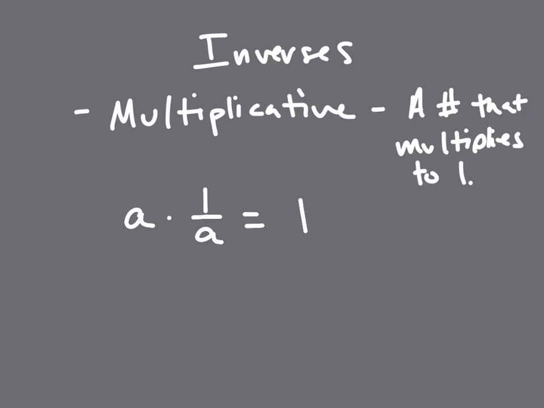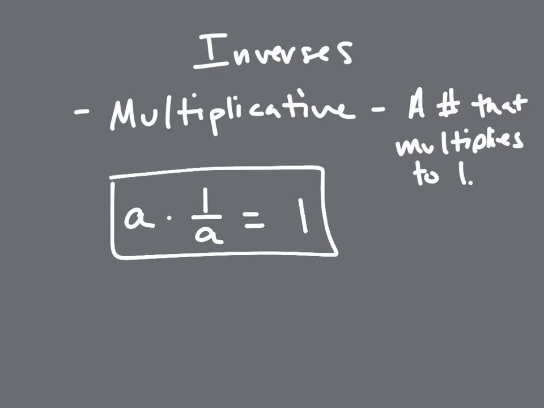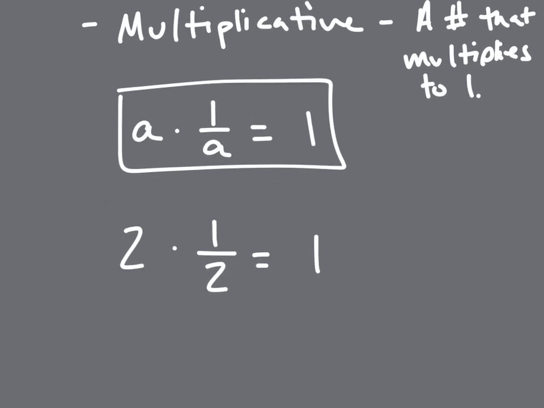And that's the definition of what a multiplicative inverse is. Let's take the number 2, for example. If I multiply this by 1/2, I get a value of 1. Let's talk about how that works. We have to remember how to multiply fractions. So if I write 2 as a fraction, 2 over 1 times 1 over 2, that's going to equal 1.